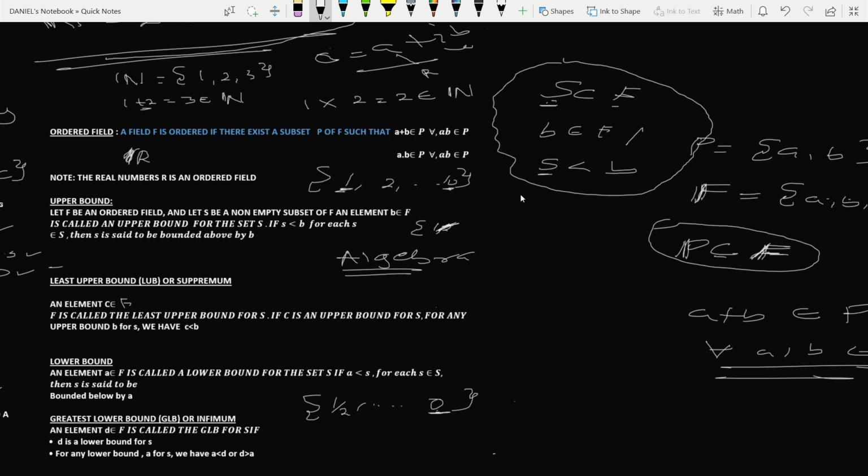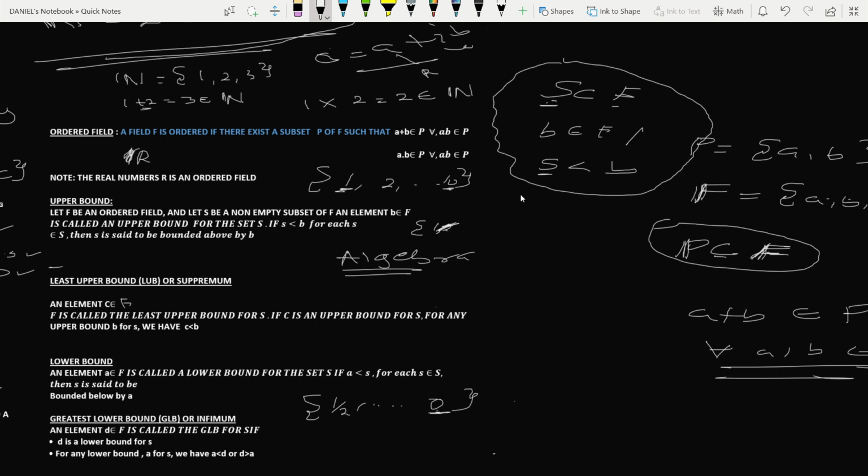So least upper bound, you already know what an upper bound is. The least upper bound is the smallest upper bound. The same thing applies to the lower bound too: the greatest lower bound. So the opposite of the upper bound is the lower bound.